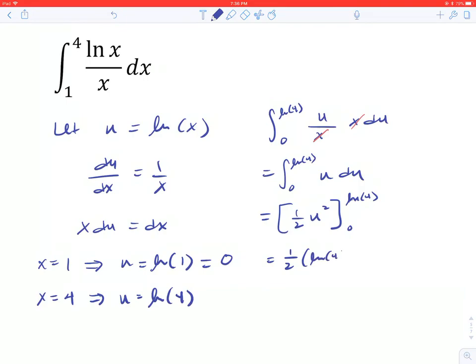Okay, so fundamental theorem of calculus, that'll be 1/2 ln of 4 squared minus 1/2 times 0 squared. So the integral is just equal to 1/2 times ln of 4 squared.